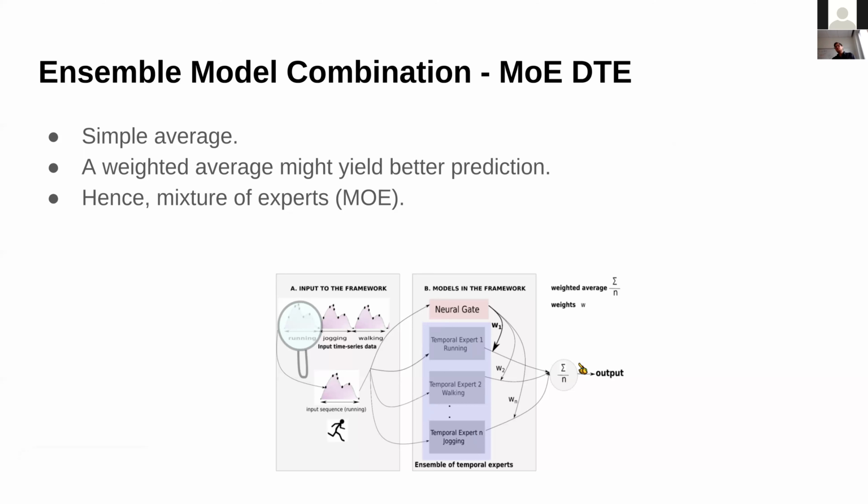Then the final predictive output, which is an average, will be a weighted average. The backpropagation of the training will help in deciding the weights of this neural gate, such that during inference, when a particular input comes, it will help us in selecting the best possible combination of these models. So that's the goal of the whole framework, and that's what the neural gate achieves.